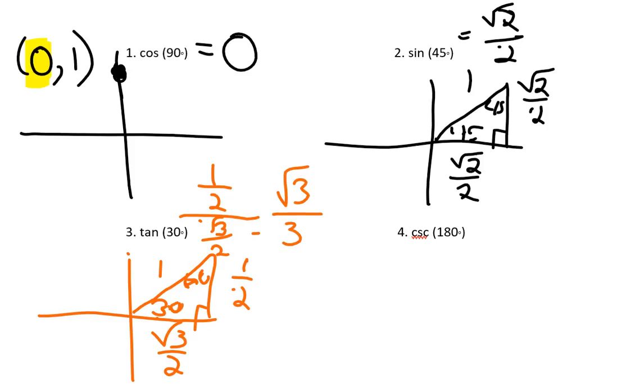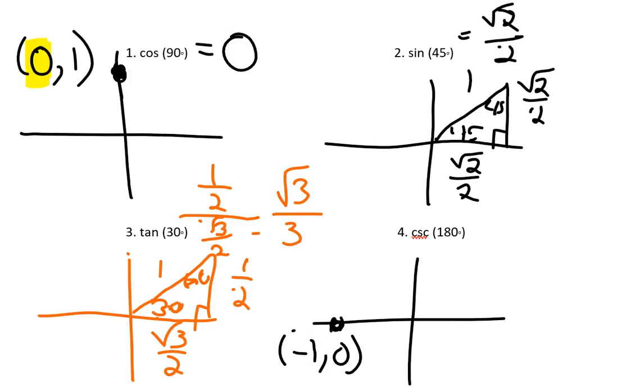Now if I look at my cosecant of 180 degrees, my 180 degrees is going to be here. So that point would be -1 in the x, 0 in the y. Cosecant, we know, is the reciprocal of sine. Sine is equal to y, so cosecant is going to be equal to 1 over y. In this case, my y is a 0.